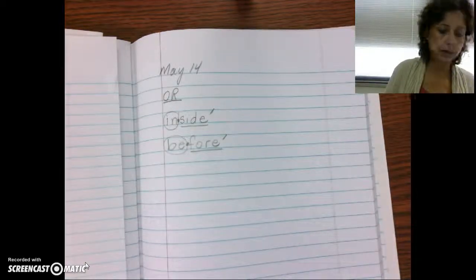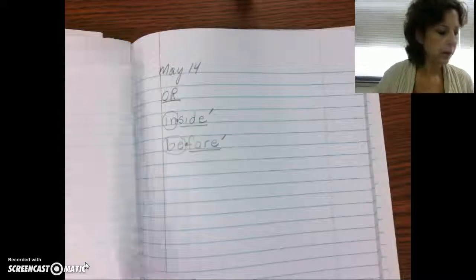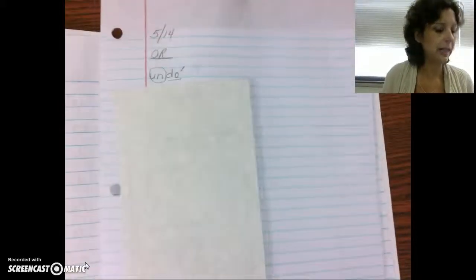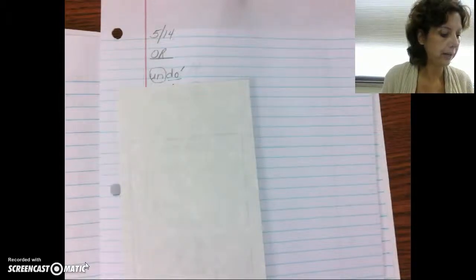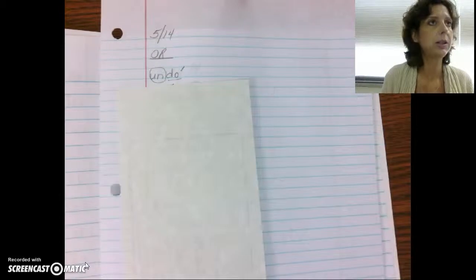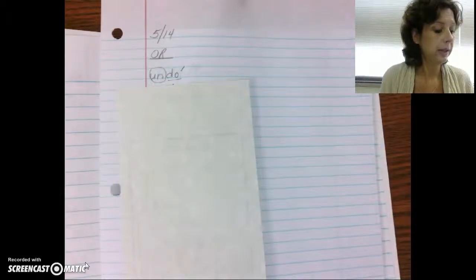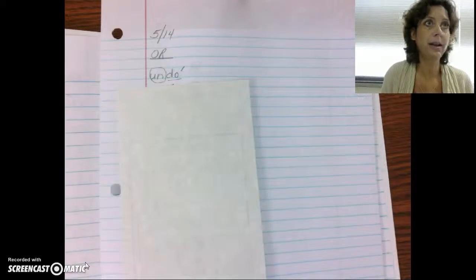The new review that we worked on was that if you have the prefixes de, re, ex, in, po, pro, or a, if those are the first syllable of a word, then it is usually not accented. Okay?